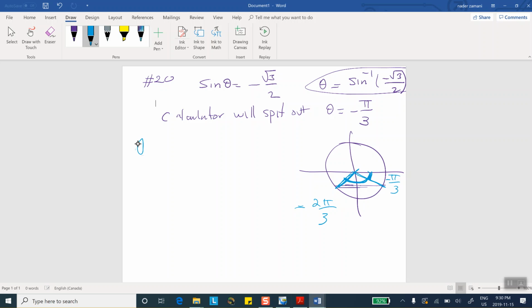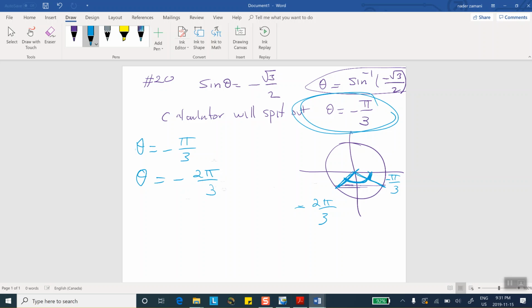So we found two values in one period. One is minus pi over 3, and the other one is minus 2 pi over 3. Correct, that's correct. The calculator only spits out the one that's between minus pi over 2 and pi over 2. That's this. The other one you have to identify yourself, for example from your graph.